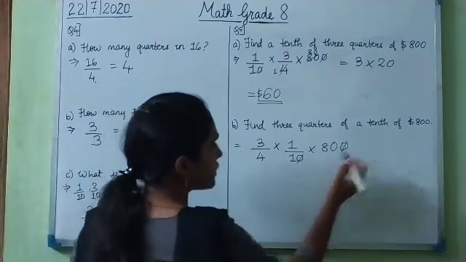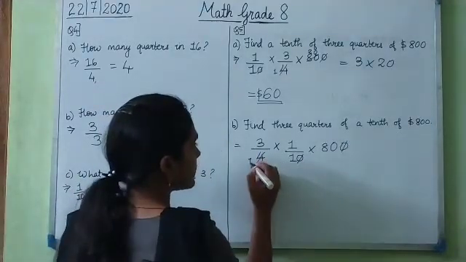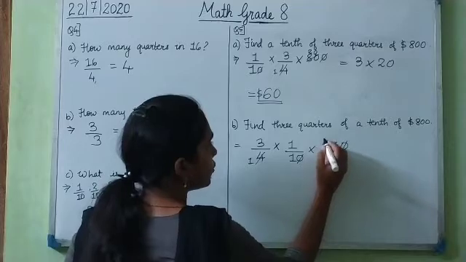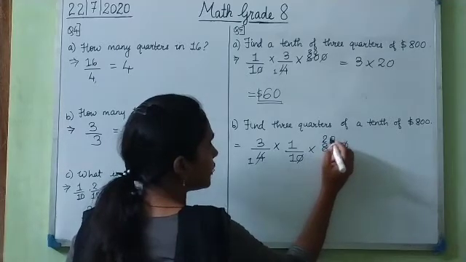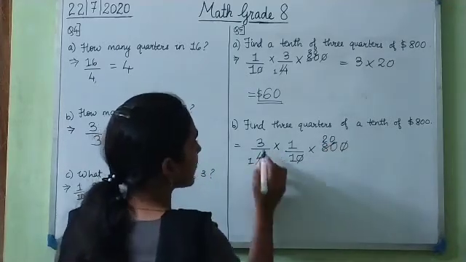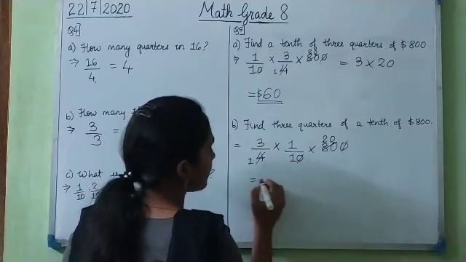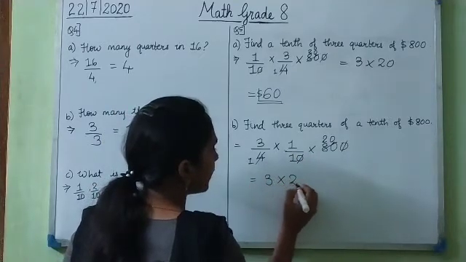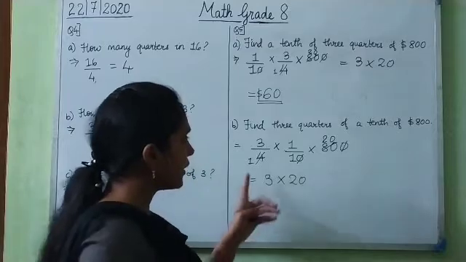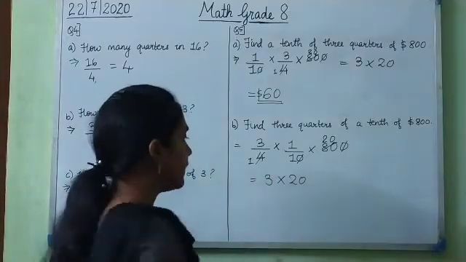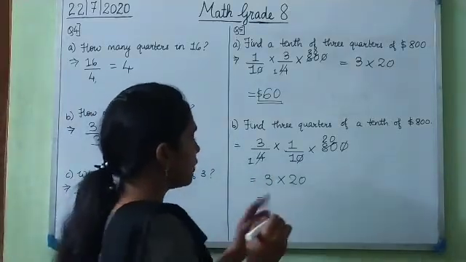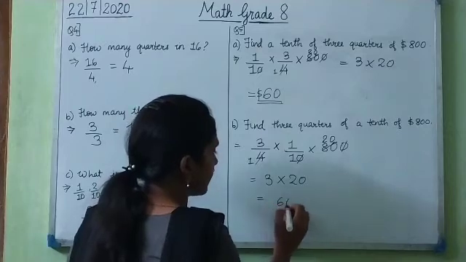Let's check. 1 0, 1 0 gets cancelled. 4 1s are 4 and 4 2s are 8. And the 0 remains as it is. So this becomes 3 into 1 into 20. That is 3 multiplied by 20. And there is nothing remaining in the denominator. There is 1 only. So we write 3 into 20, which is 60. Okay.